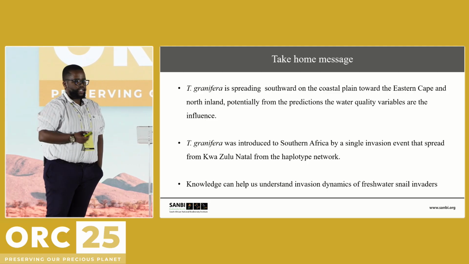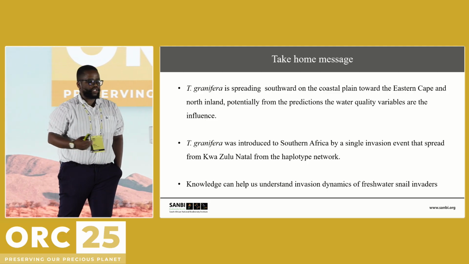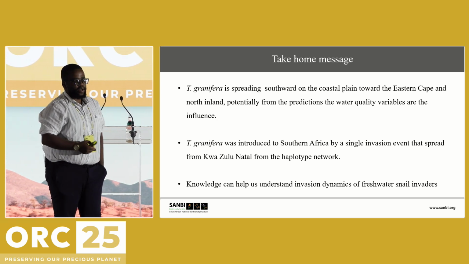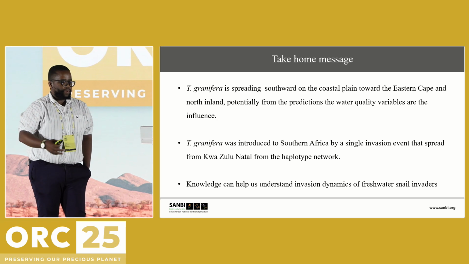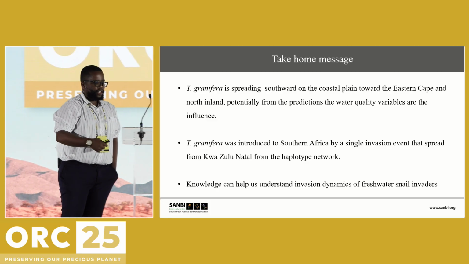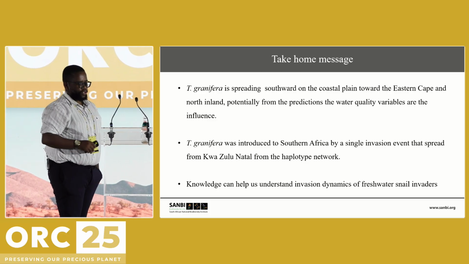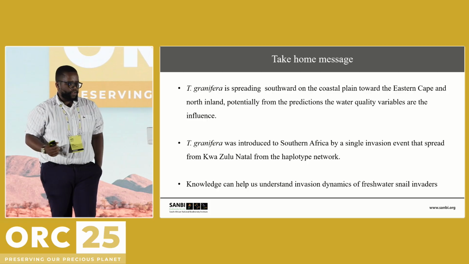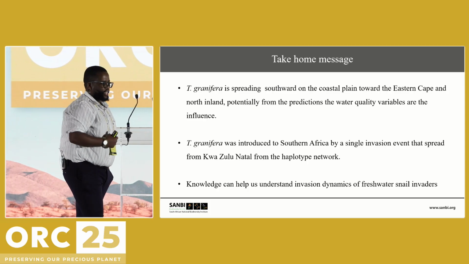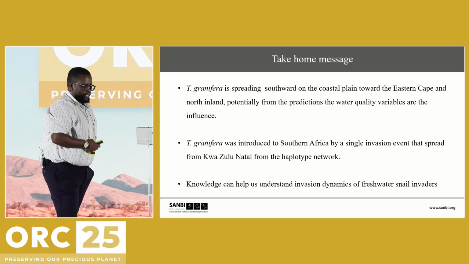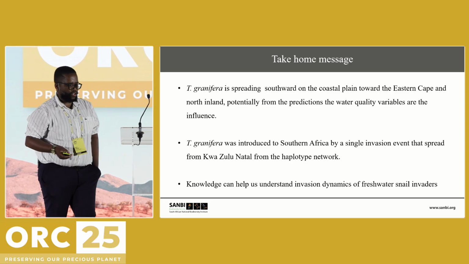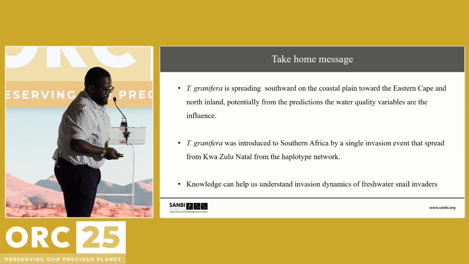And we know that Tarebia granifera was introduced to Southern Africa by a single invasion event that spread from KwaZulu-Natal, as I showed you on the haplotype network. So the knowledge from this study can help us understand the invasion dynamics of freshwater snail invaders.